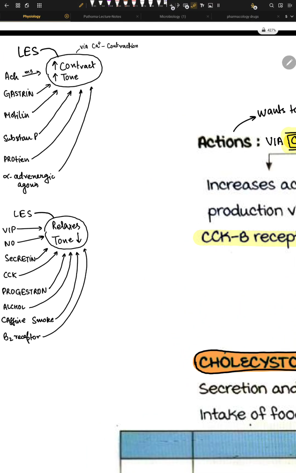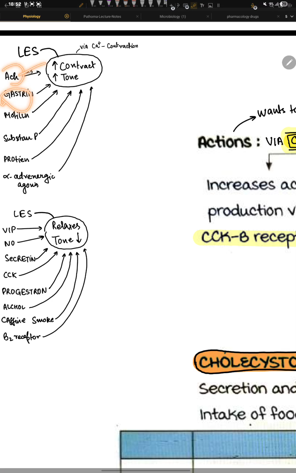So the things that can increase the contractility and the tone of the LES are acetylcholine via M3 receptors. M3 is muscarinic 3. We have M1, M2, M5 present on the parasympathetic post-ganglionic fibers. So ACh works like this.